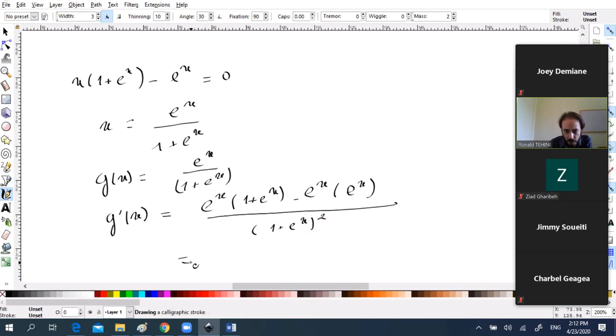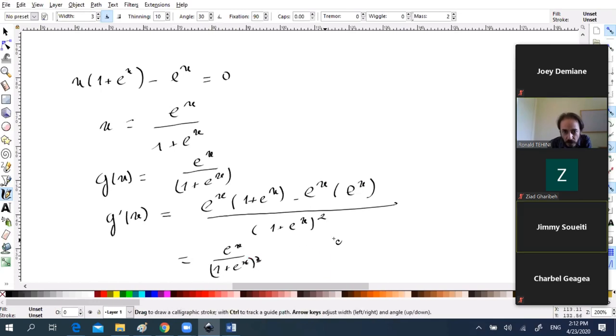So this would give me e^x divided by 1 plus e^x, squared.